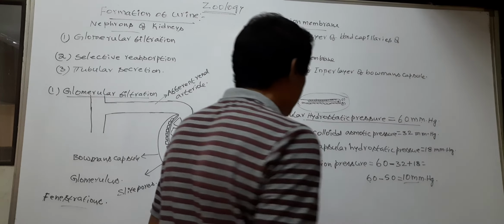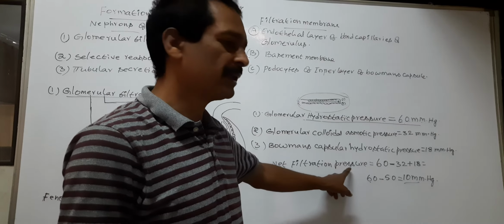So 10 mmHg is the net filtration pressure.